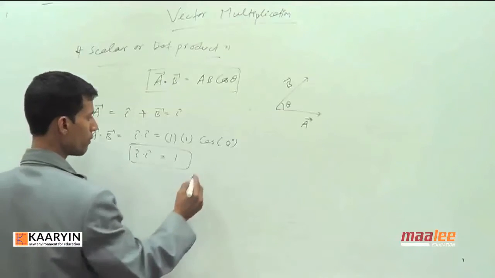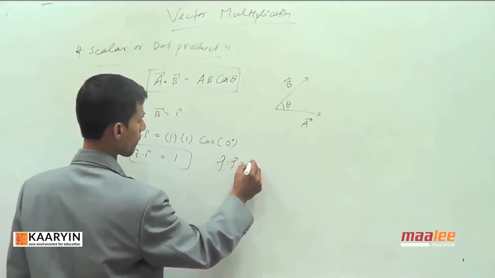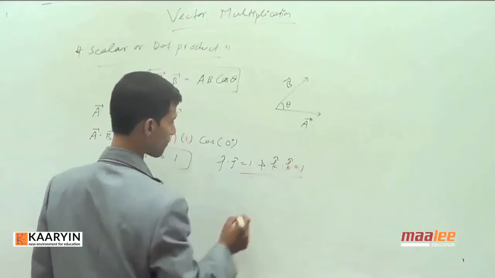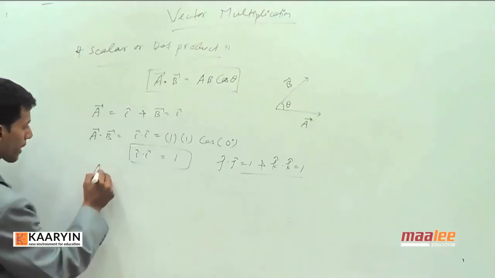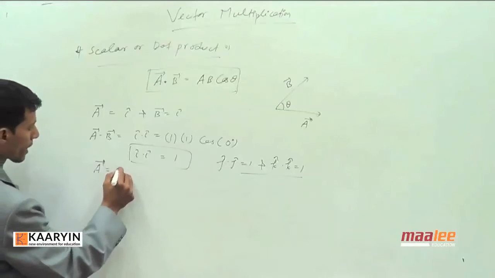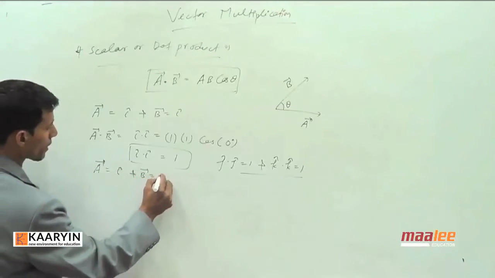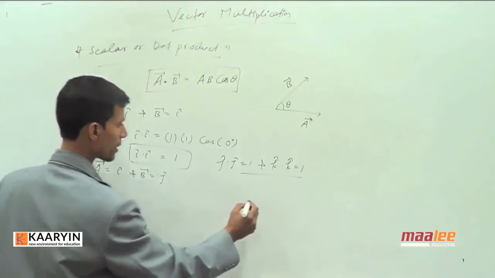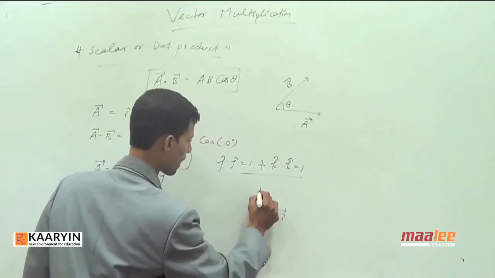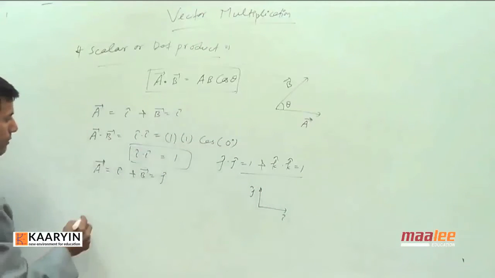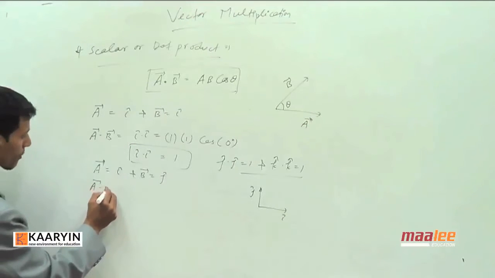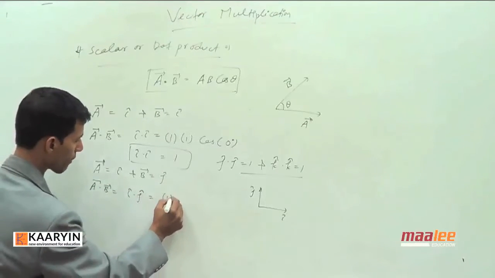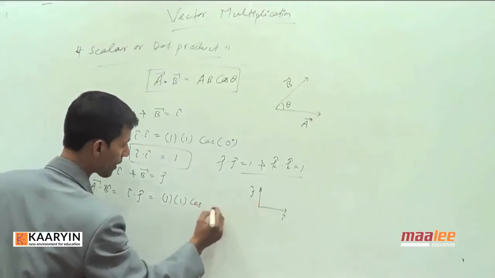Similarly, we can prove that j dot j is 1 and k dot k is also 1. Now if vector A is i cap and vector B is j cap, then A is towards the x-axis and j is towards the y-axis, so A dot B equals i dot j, which is 1 times 1 times cos 90 degrees.